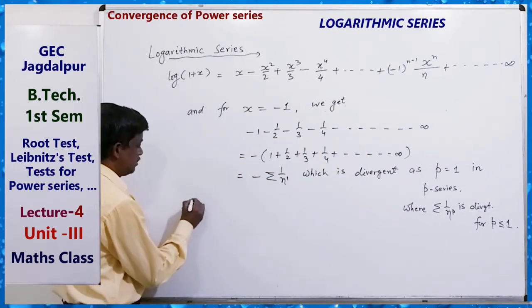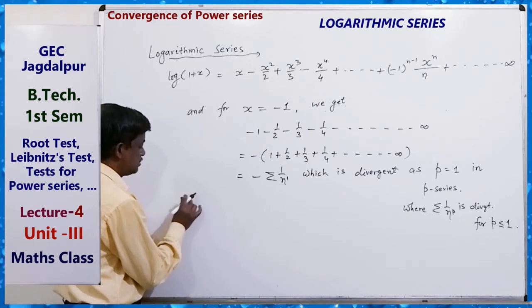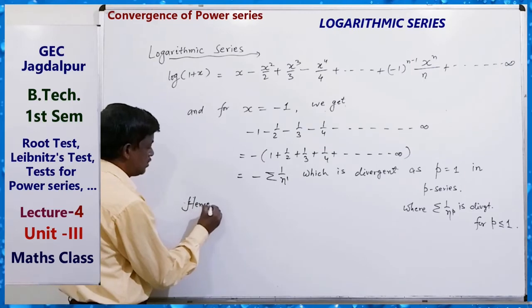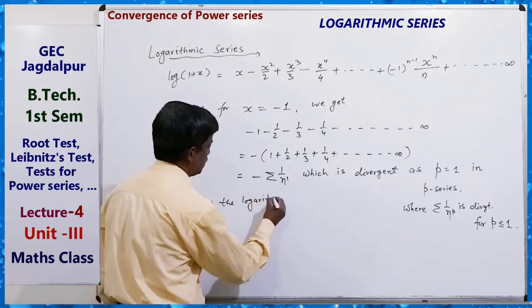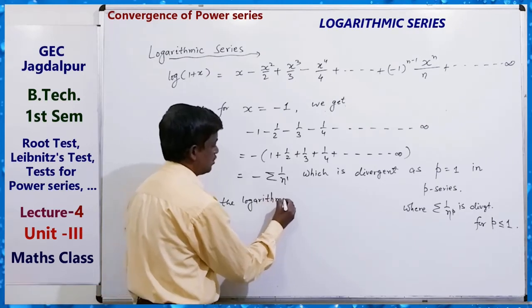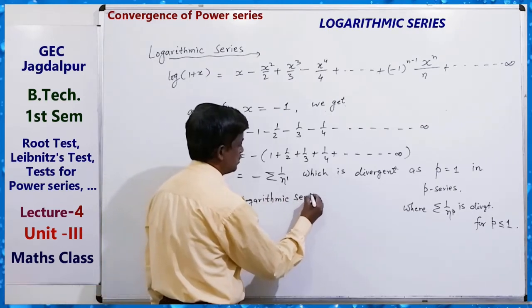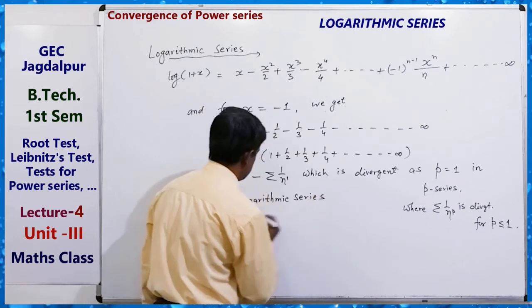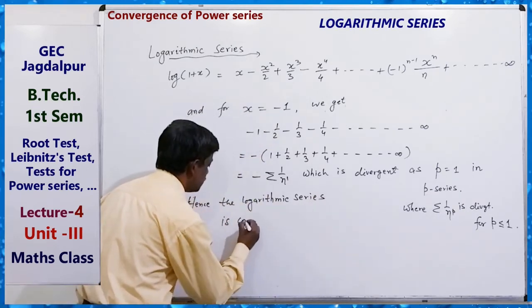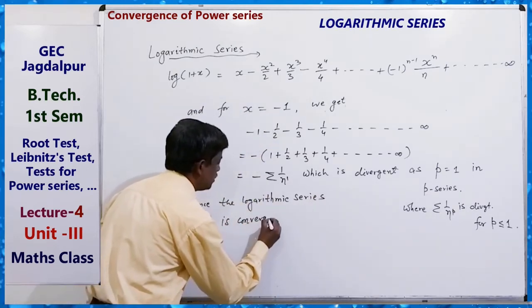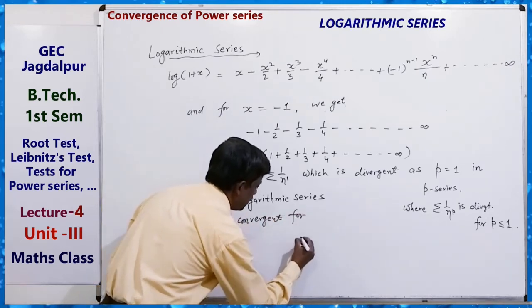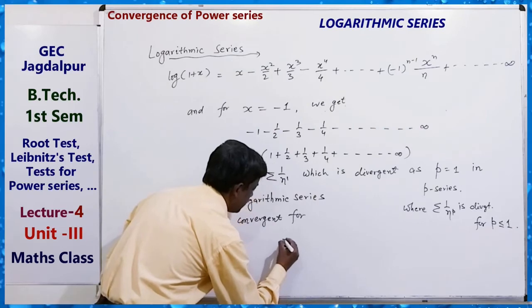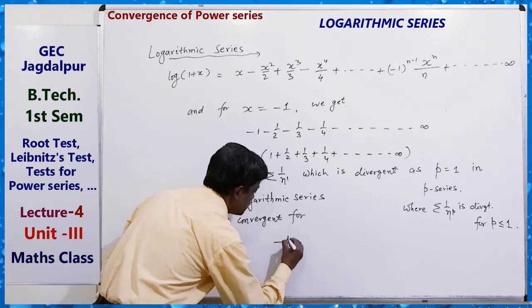Hence, the logarithmic series is convergent for x equals 1, and divergent for minus 1.